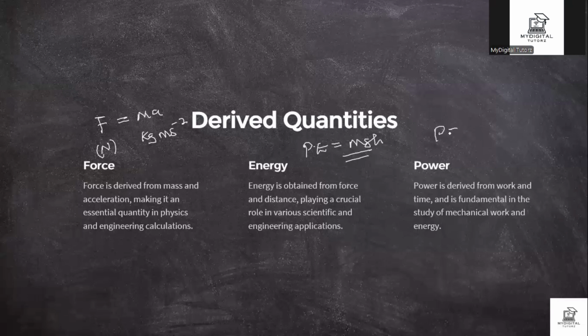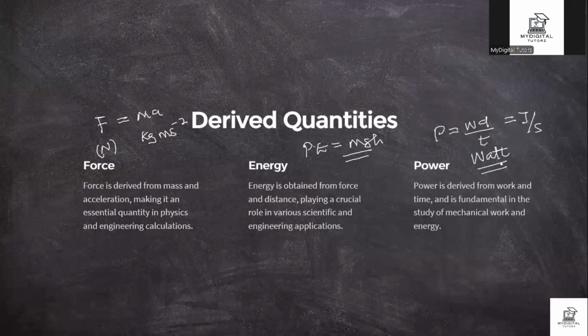Power, for instance, is equal to work done all over time taken. Work is measured in joule, and time is measured in second. So we can have a derived unit of power to be joule per second, while the SI unit is watt. The SI unit of power is watt.